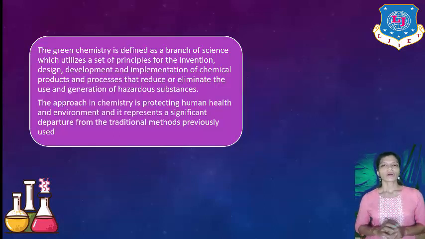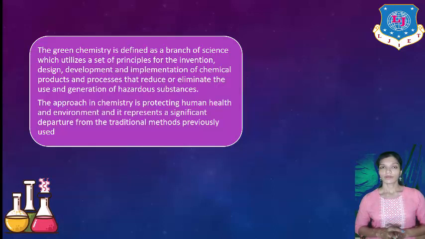Let's see what the meaning of green chemistry actually is. It is defined as the branch of science which utilizes a set of principles for the invention, design, development and implementation of chemical processes and products that reduce or eliminate the use and generation of hazardous substances.